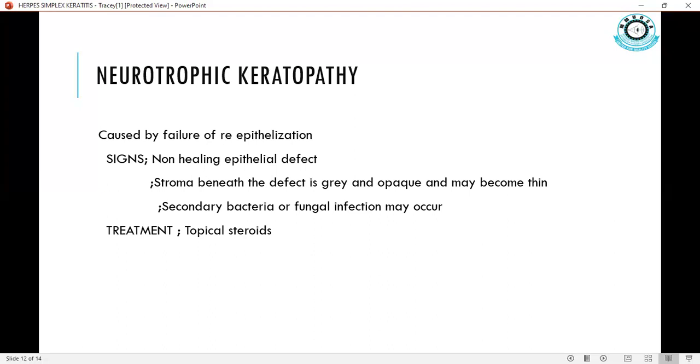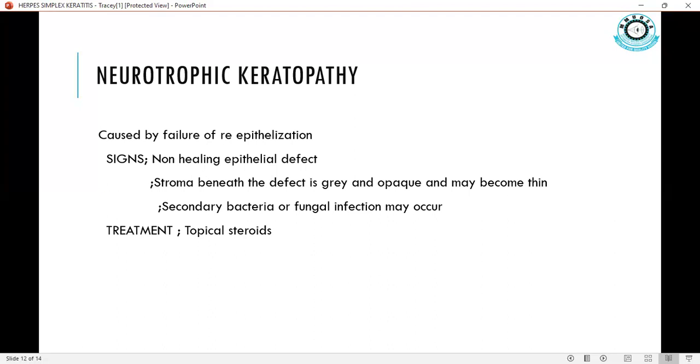And the stroma beneath the defect can be gray in color and opaque, and there can also be secondary bacterial or fungal infection that may occur during this stage.